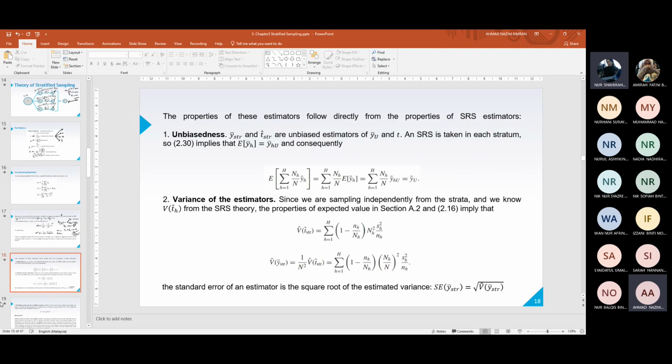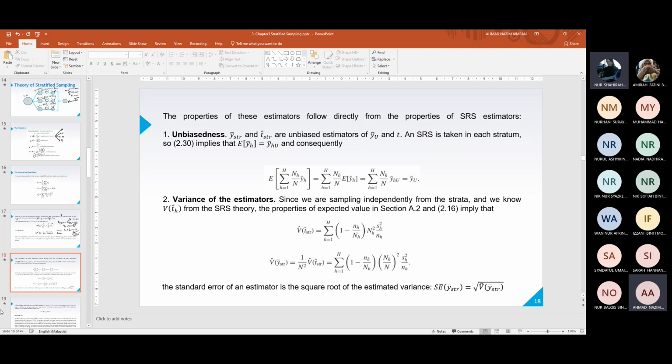Now let's move to the properties of these estimators, which follow directly from the properties of simple random sampling estimators. First of all, stratified random sampling, same as simple random sampling, is an unbiased estimator. Why?